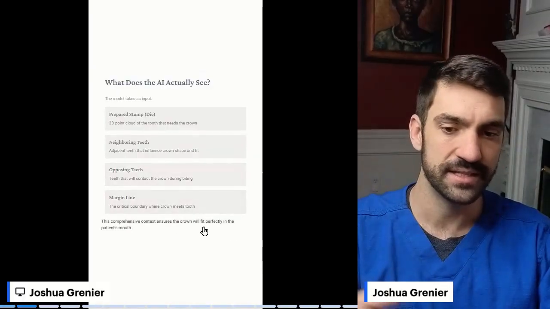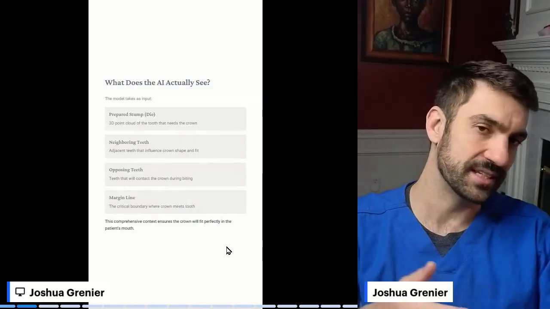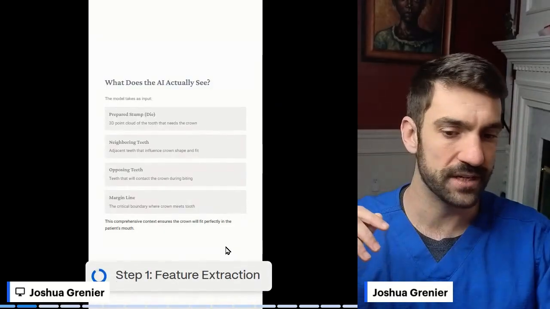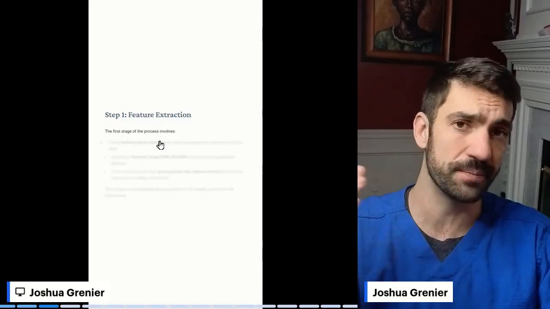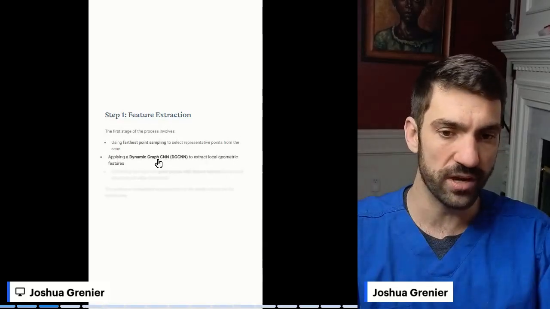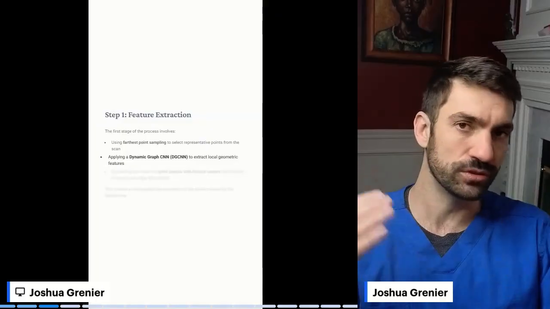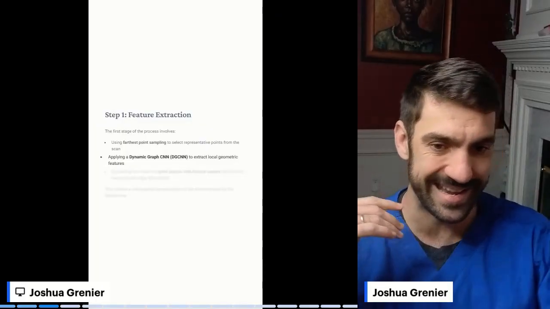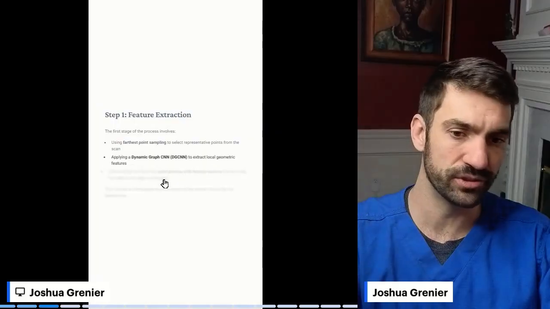It also adds. And of course, in this case, it was trained on a source of truth, which is the final crown. The first step is to figure out what's going on. All it sees is a point cloud, and it's able to use some incredibly advanced processes. This is called a dynamic graph convolutional neural network.